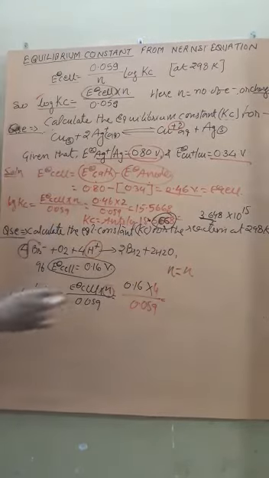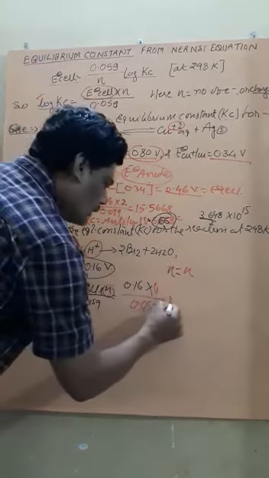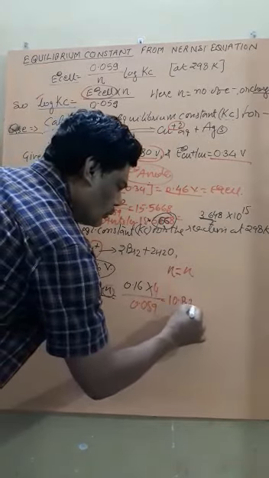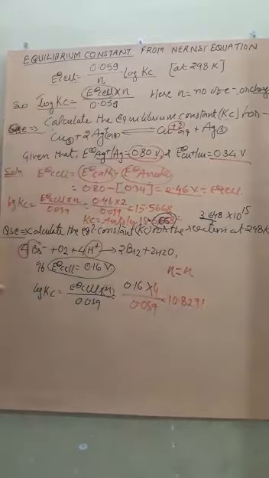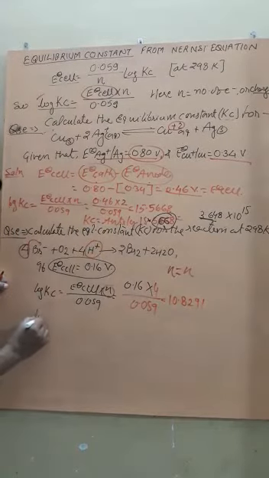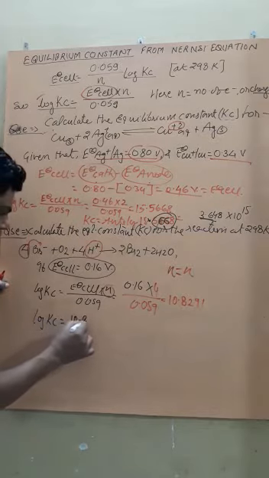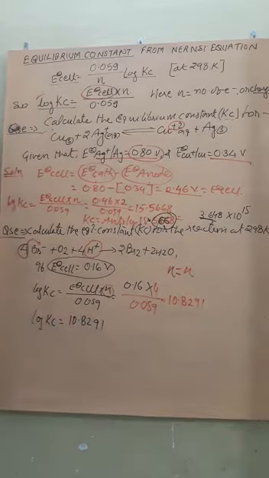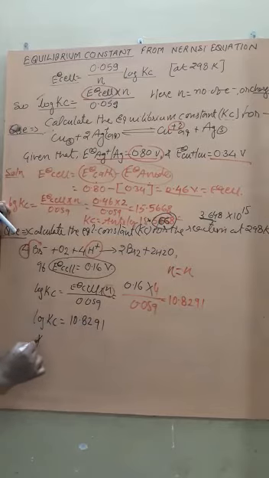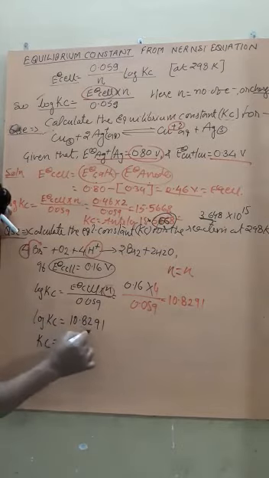0.059. When you solve it, it gives 10.8291. Now log Kc is equal to 10.8291. So to find Kc, we have to take its antilog.